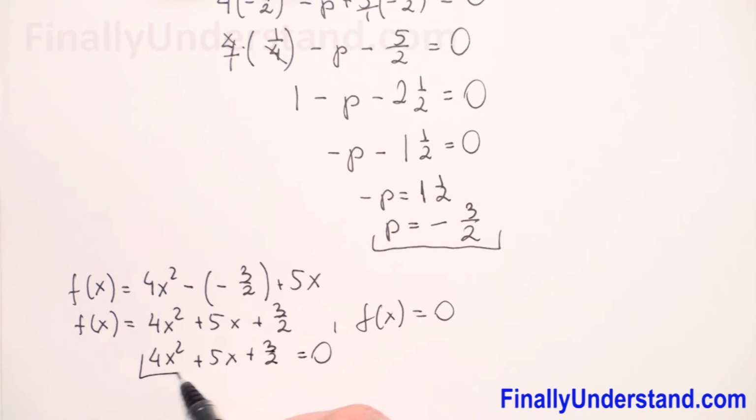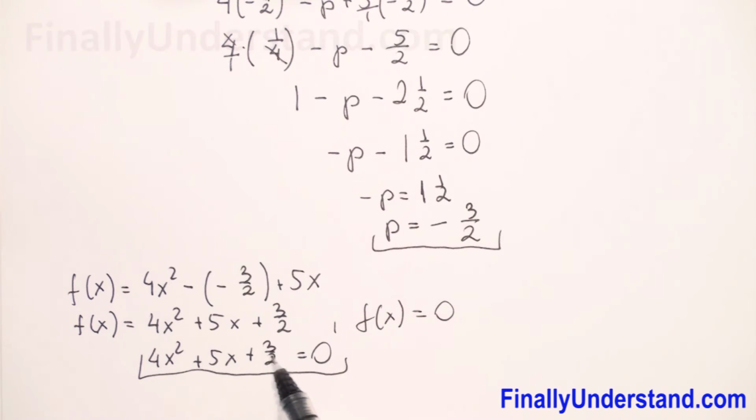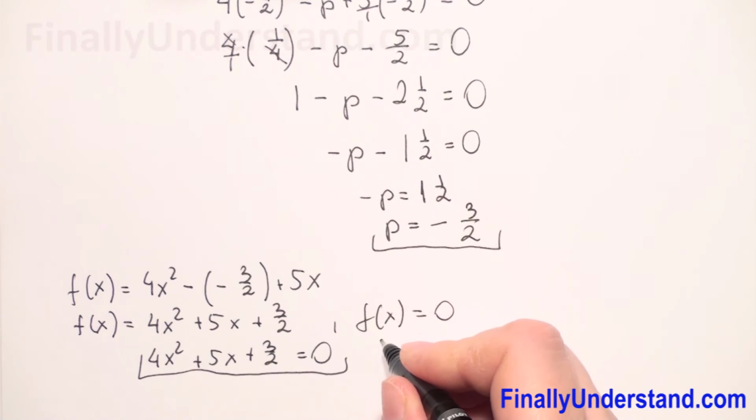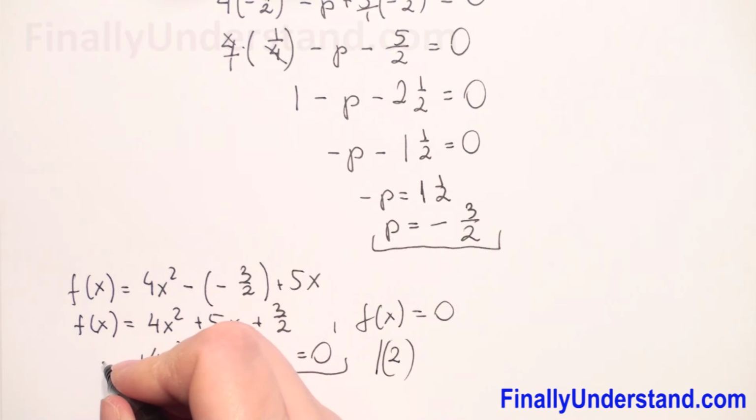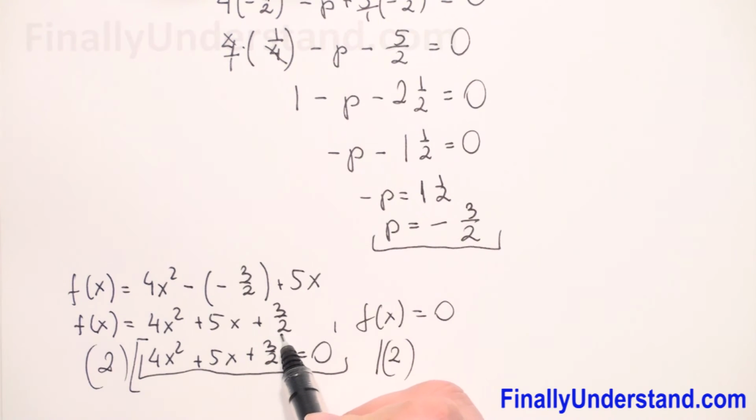We have a quadratic equation. How do we solve a quadratic equation? I will use the grouping method. First, because I don't like this fraction, I will multiply both sides of our equation by 2. Every expression on the left side I need to multiply by 2.